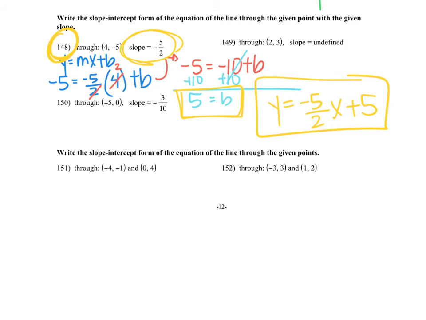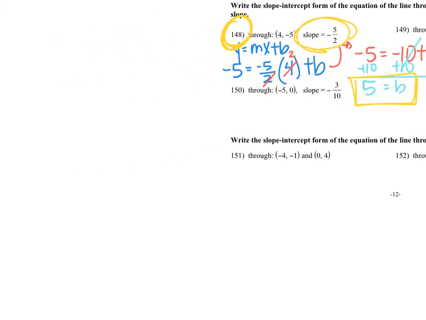And you are done. I'm going to do the next problem, number 150, on the left side. So changing my color to purple. And let's star 150. So, and I'll put an arrow over here.